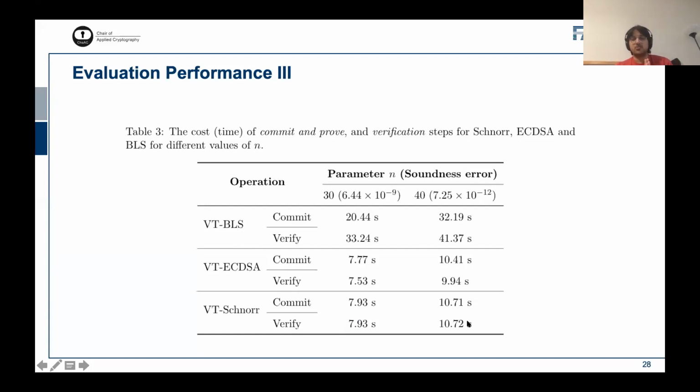So both the commit and the verify are run once at the beginning of the protocol, and the rest of the protocol is completely independent of the VTS. So this is a one-time cost and seems fine for the benefits that you get from VTS.